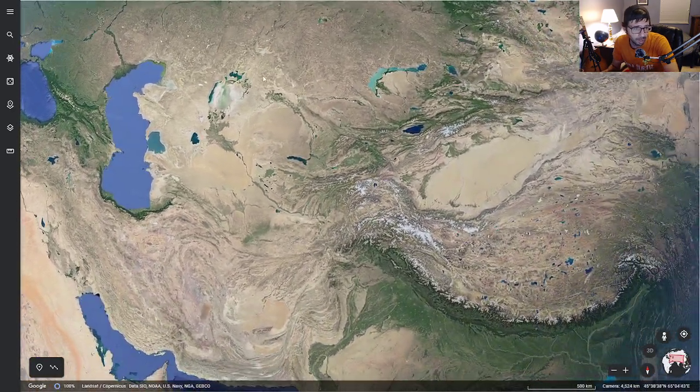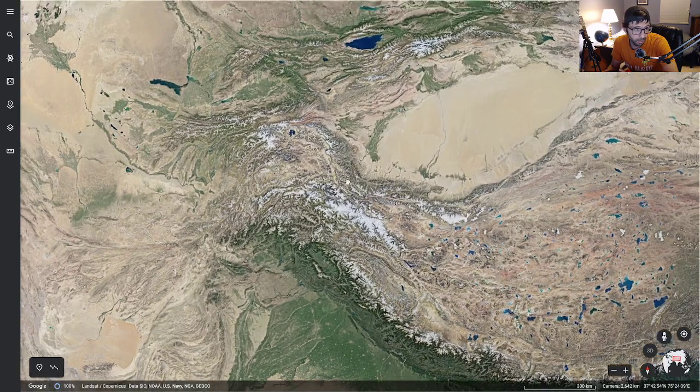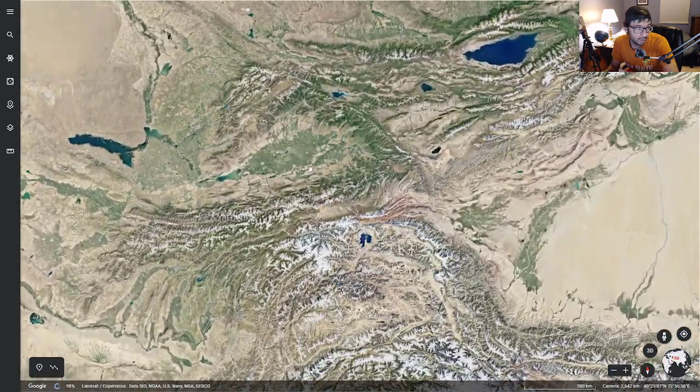exactly, but this feature is curious. As a Tarim Basin looking thing. Maybe it was a basin that the water flowed over and into, like sunk into.